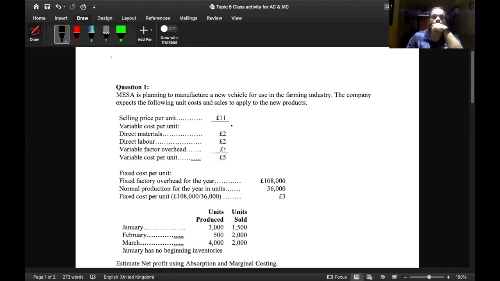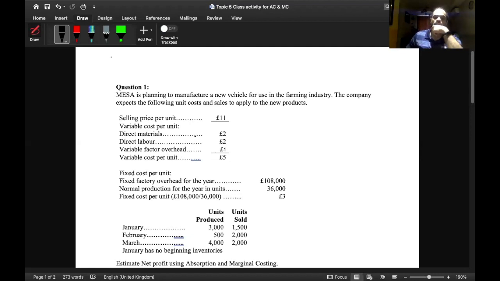Selling price per unit, 11 pounds. Now we have variable cost per unit. So direct material, £2, direct labor, £2, variable factory overheads, which is £1. So total variable manufacturing cost is £5. All these are manufacturing cost.